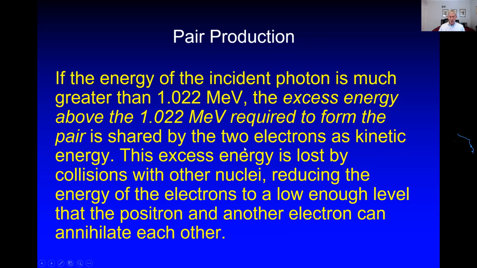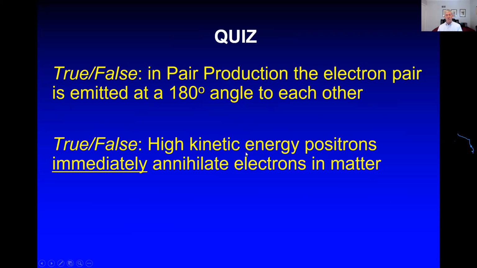So let's take a look at a couple of questions here. True or false? In pair production, the electron pair is emitted at a 180 degree angle to each other. False. True or false? A high energy positron immediately annihilates an electron in matter.